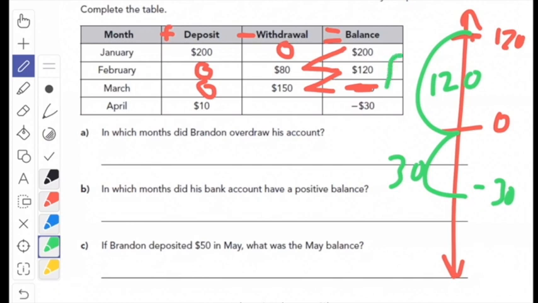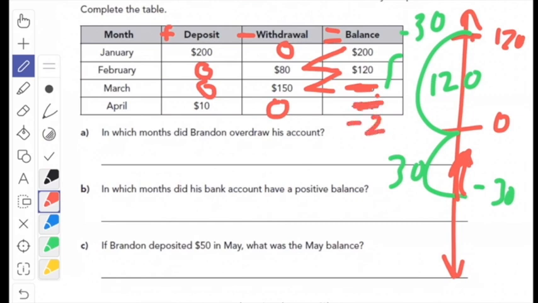So this should be negative 30. Then in April he added $10, so you're at negative 30, remember, and you're adding 10, so we're going up 10. You're not taking away any, so you're going up 10. And when you go up 10, this should be negative $20. Okay, I should have a dollar sign there.